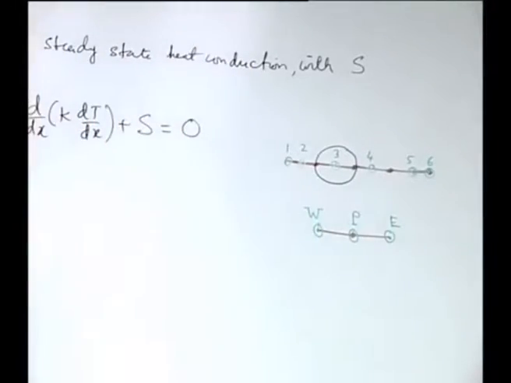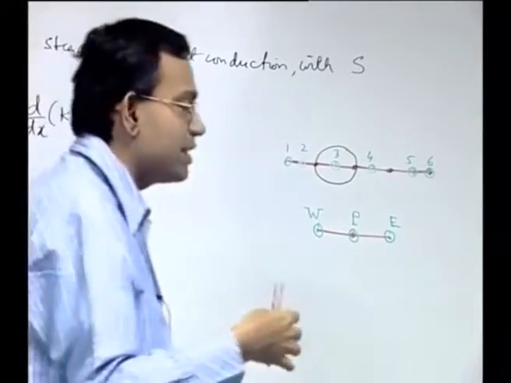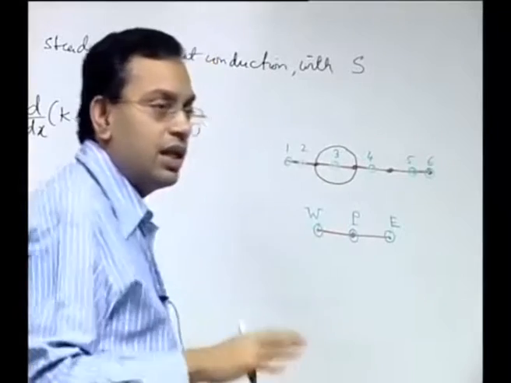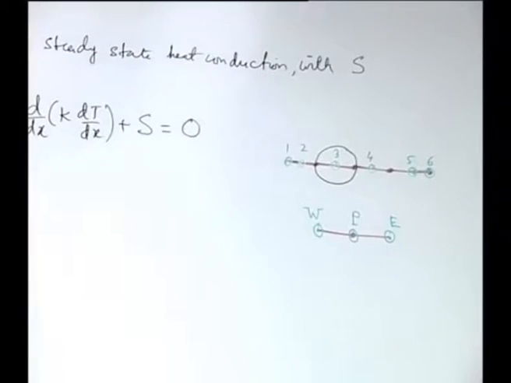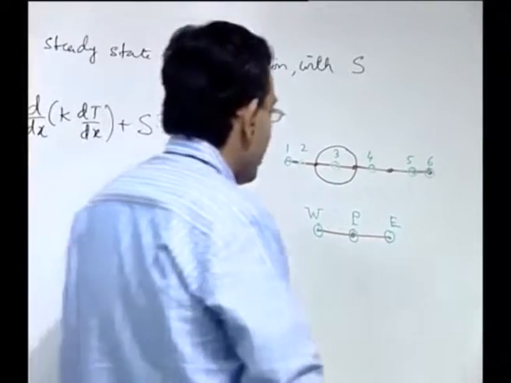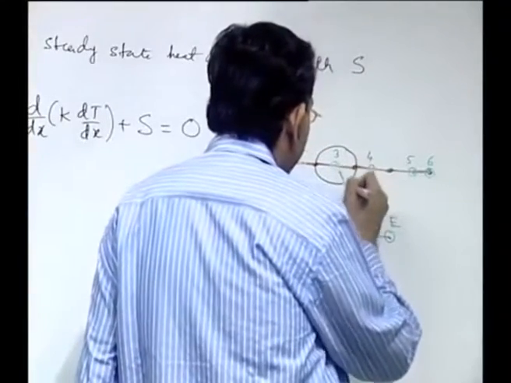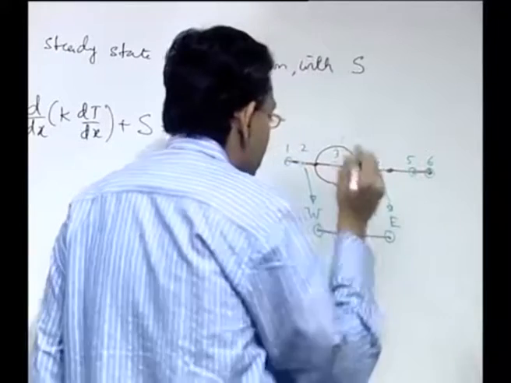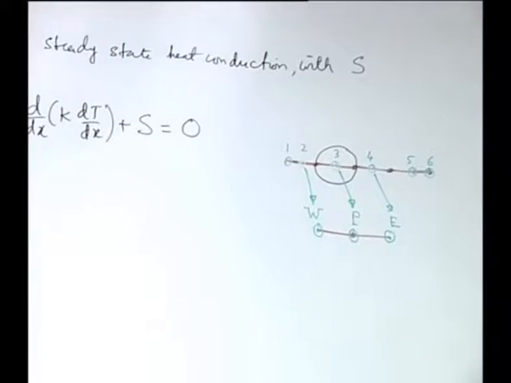We will come across 2 dimensional and 3 dimensional examples subsequently, but right now we are confined to only a 1 dimensional example to illustrate the method. So, for one to one correspondence, this is the point P, this is the point E, this is the point W corresponding to the particular control volume.